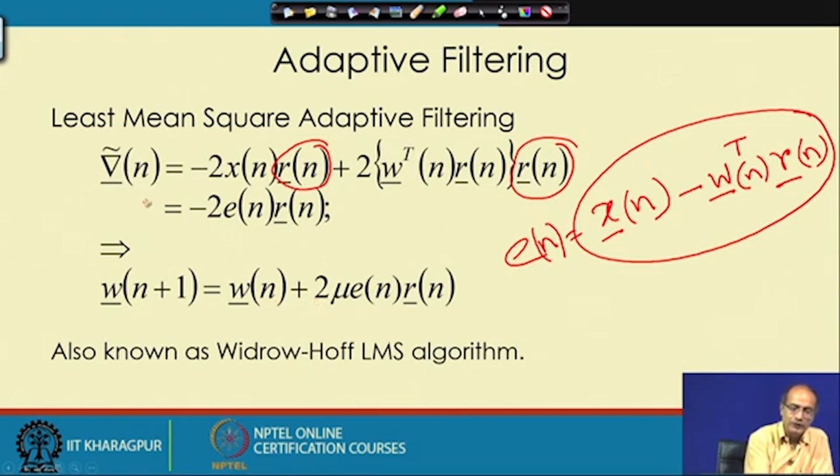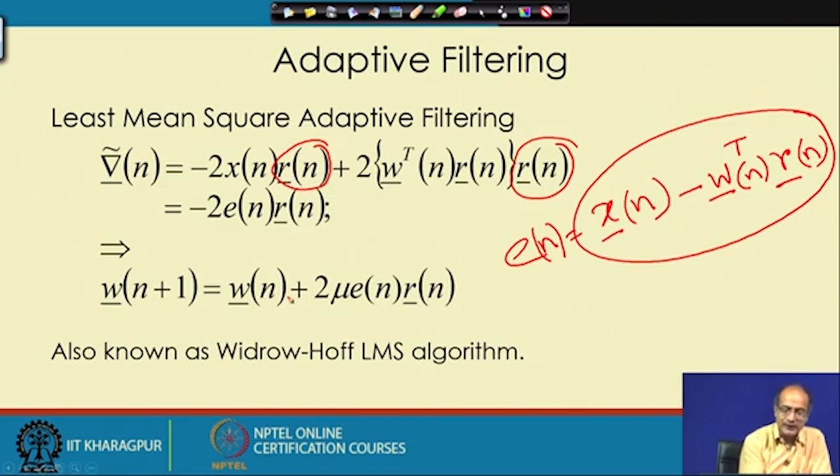Now if we replace that estimate of the gradient, the new tap weight at instant n plus 1 would be the previous tap weight, and the minus sign multiplied with this minus gives us a plus twice mu times the error at this instant, e n, times the vector r n, which is the reference signal vector.